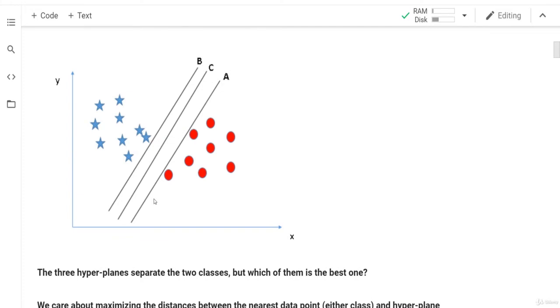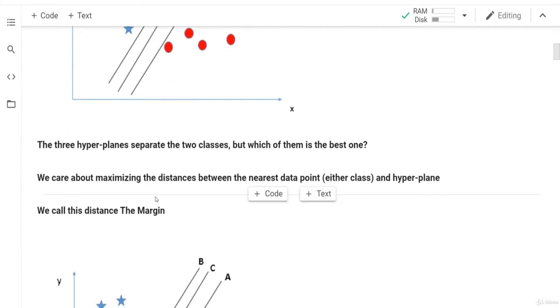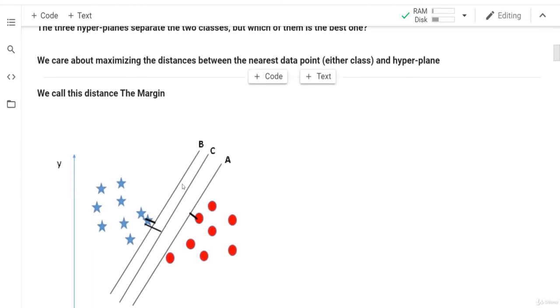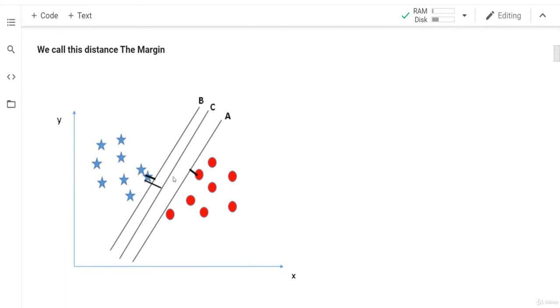As you can see, the distance from C to the star is much bigger than the distance from B to the star or from A to the circle. That's why we choose C as our hyperplane.